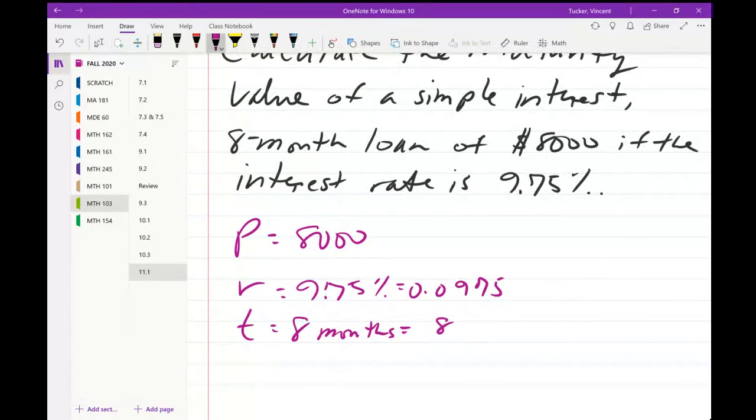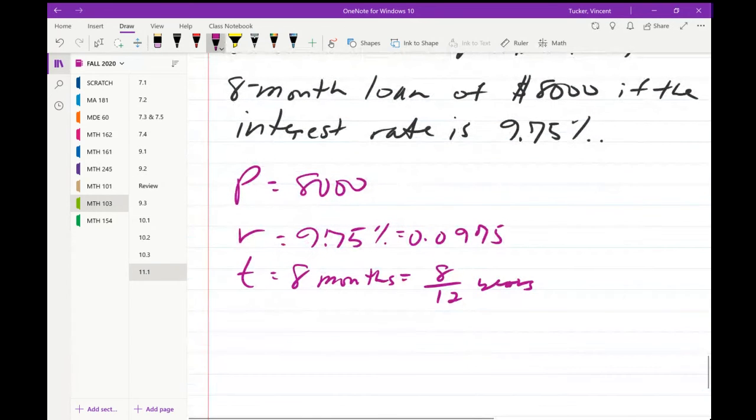So it means we'll have 8 over 12 for years. All right. Calculate your interest.